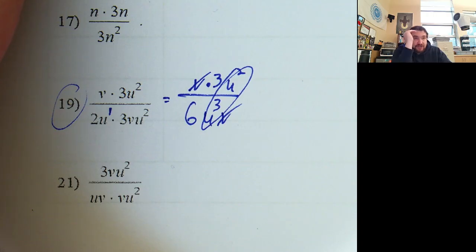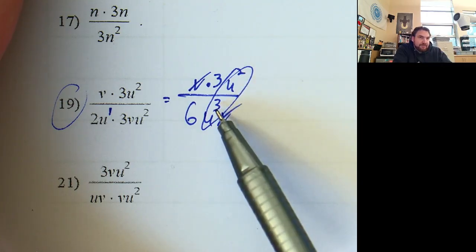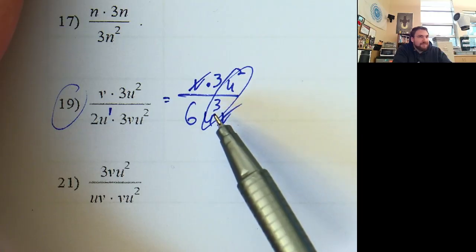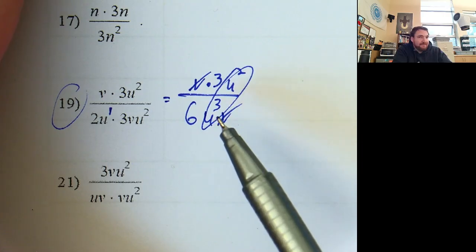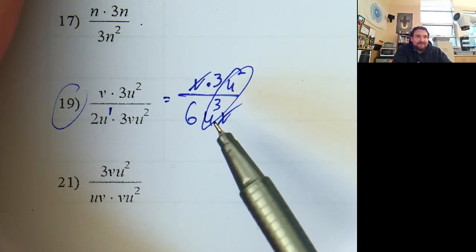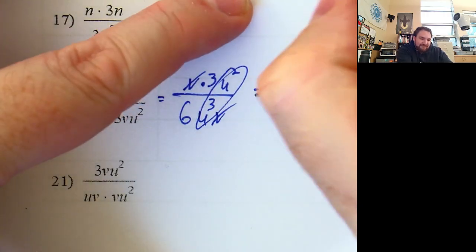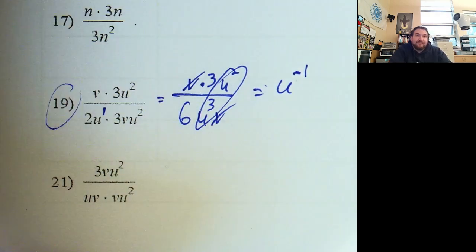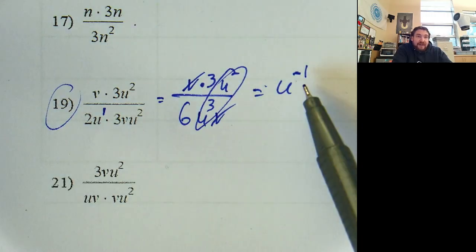Yes, and it's always top minus bottom. So u squared over u cubed, 2 minus 3 is? 1. Oh no, minus 1. Very good. So you take the base, you put it up top, and you put it to the power of negative 1.